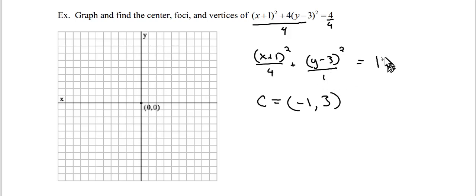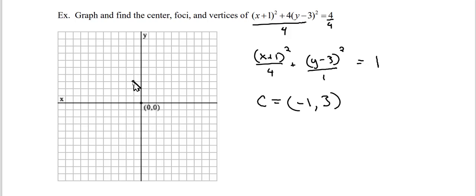You'd have a 4 on the right-hand side with no denominators on the left side, hidden denominators of 1, and you exactly get a circle. A circle is just an ellipse where the major axis and the minor axis are the same length. So if these two numbers match, it's still kind of an ellipse, but with those distances the same, it gives you a circle.